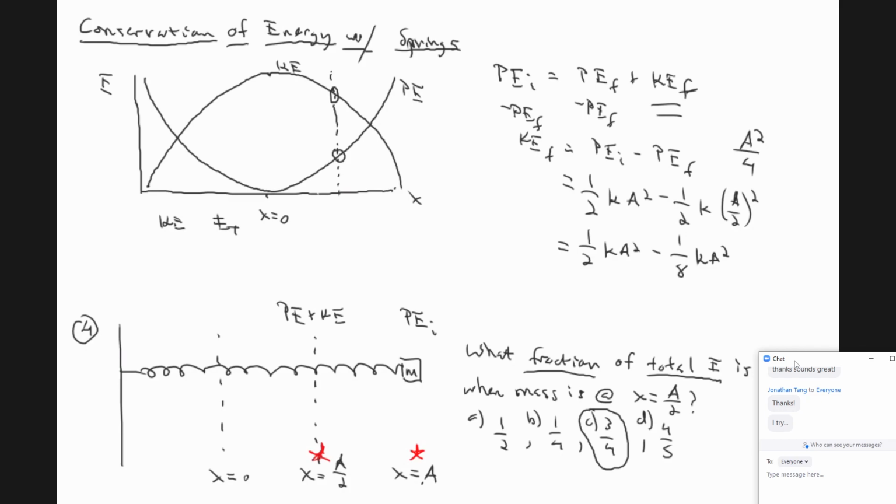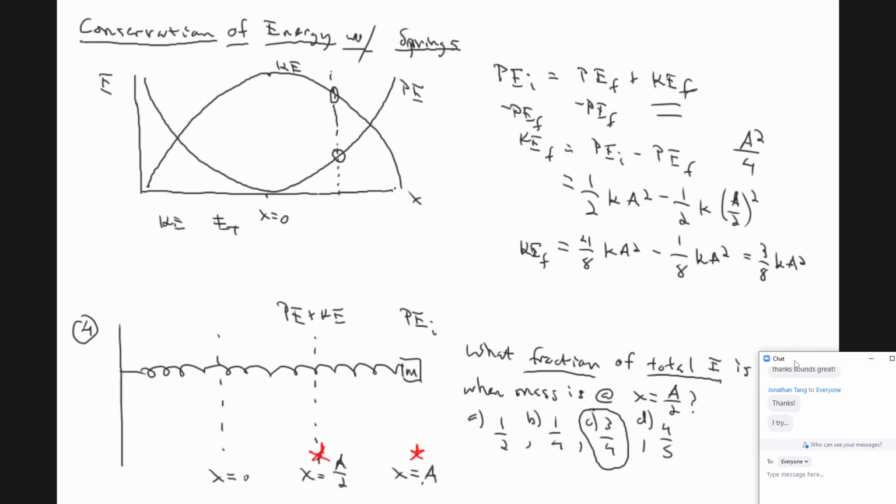And then we have to find the common denominator. Multiply top and bottom by 4. So we get 4/8 k A squared. So then 3/8 k A squared, correct. And that's equal to the kinetic energy that we have in our system at this point.